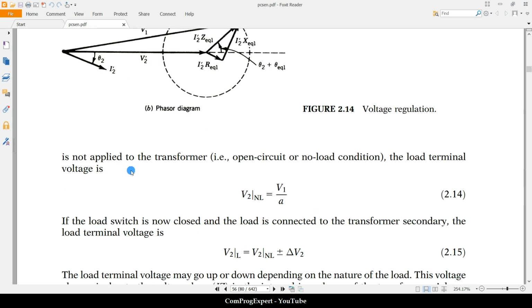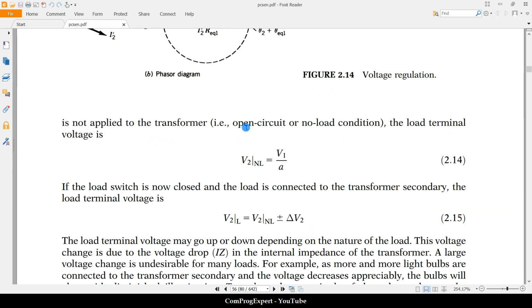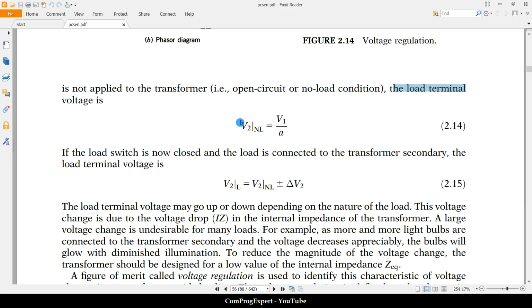So when the load is not applied to the transformer, the open circuit case, the total terminal voltage is this one. Yes, the value of the voltage for the secondary side is V1 divided by the turns ratio.